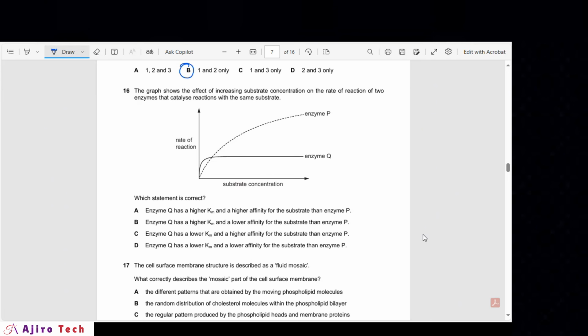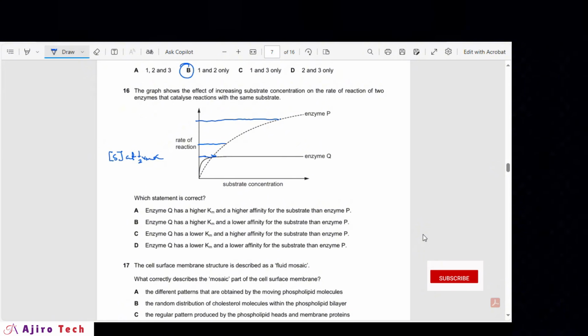When you're talking about Km, Km is the substrate concentration at half Vmax. So locate the Vmax for this particular reaction. You're locating the Vmax here, and the half Vmax for this one will be around here.